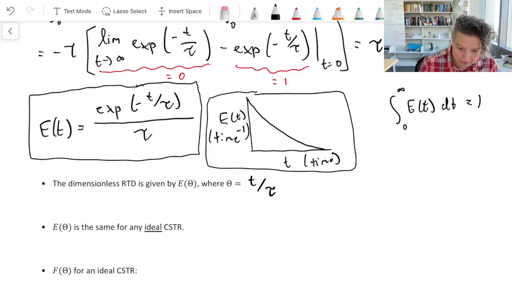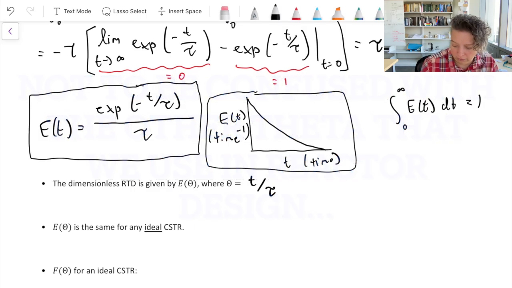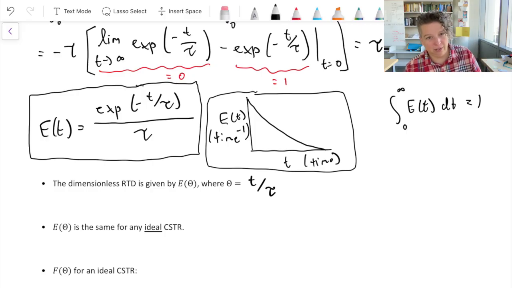The nice thing about this is that the dimensionless residence time distribution function is the same regardless of the operating conditions of the CSTR. So for example, regardless of the volumetric flow rate, all dimensionless E of theta curves for any CSTR are going to be identical. They're all going to fall on the same line.